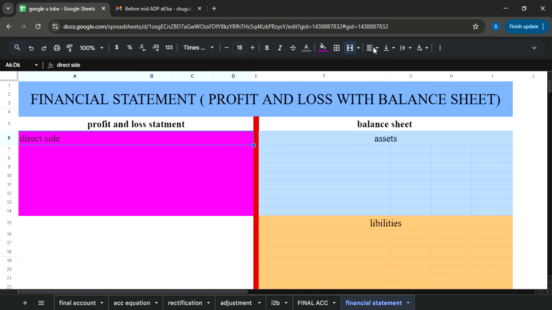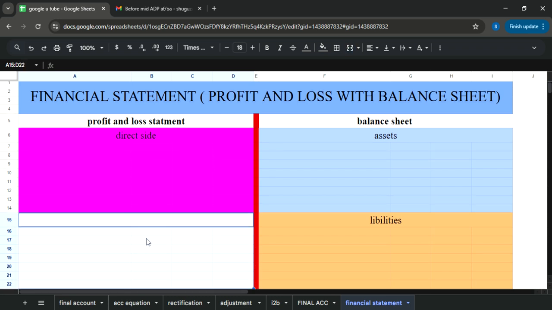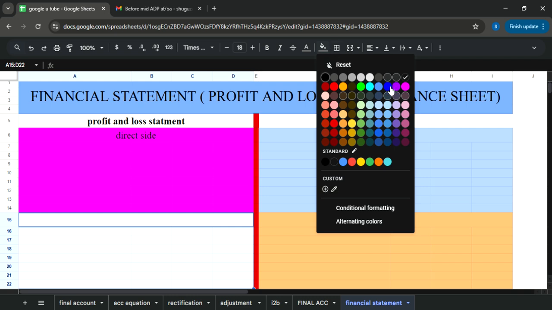Here you will write all direct expenses and this side would be used for calculation of direct income. This side we will mention direct elements associated with the business, and at the lower side, this side we will use for demonstration of indirect elements associated with the business. Further, we will see what the indirect and direct sides are.